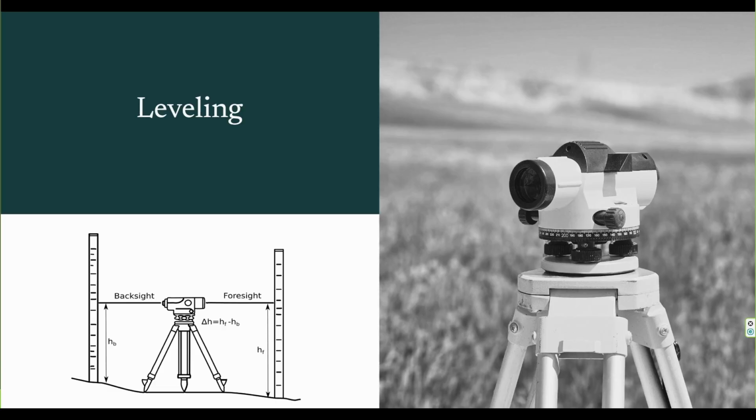And by combining multiple stations and just shifting one rod to another, we are able to create a so-called leveling traverse and calculate the height difference between points which are far away from each other.